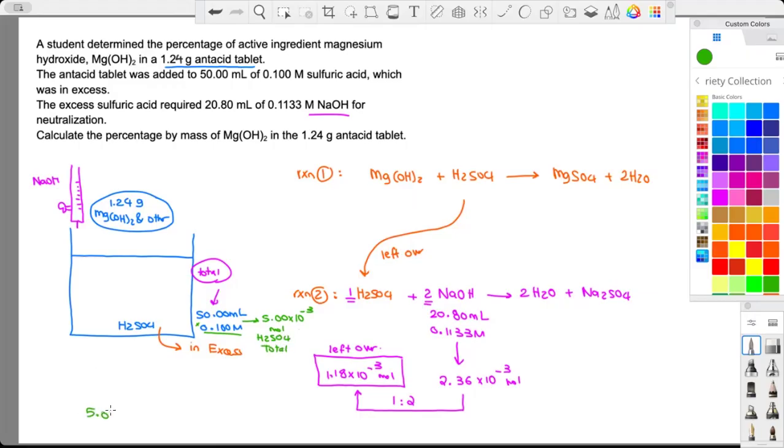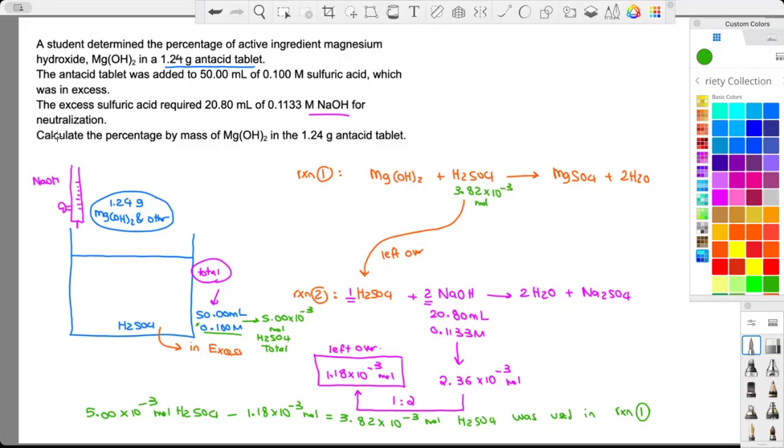So by subtracting that number minus the number of moles of H2SO4 left over from the first reaction, we can see how much H2SO4 was actually used in the first reaction, which gives us 3.82 times 10 to the negative 3 moles of H2SO4 used in reaction 1. So this is the moles here, 3.82 times 10 to the negative 3 moles.